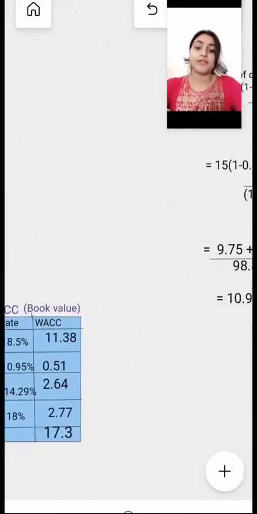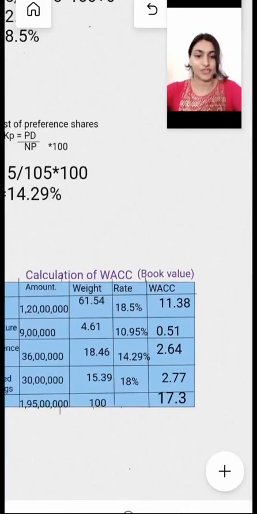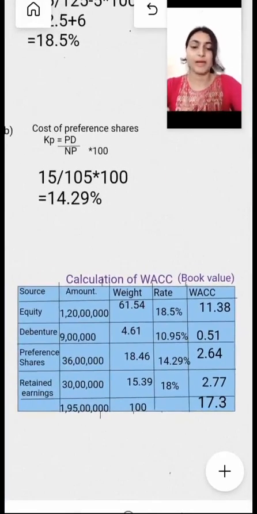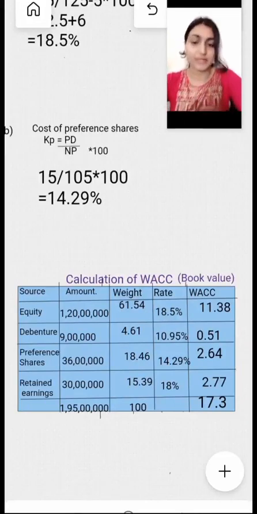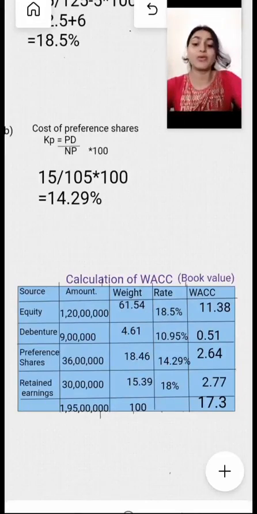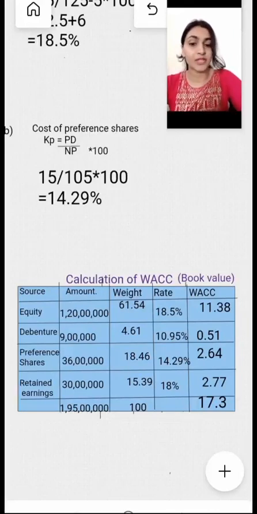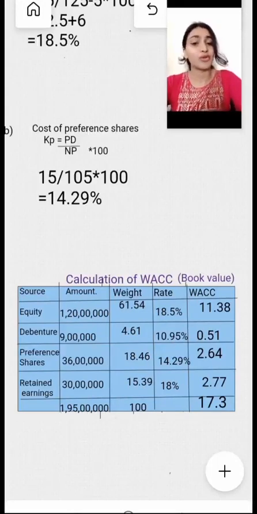So now we have to calculate the weighted average cost of capital under book value as well as market value. First column is source: equity, debenture, preference shares and retained earnings, and the second column is amount. Amount is already given in the question. The book value, whatever is given, we should write the same amount and get the total. Next, how to calculate the weight: amount divided by the total of the amount into 100 will give the weight.